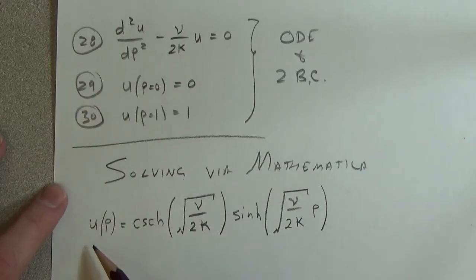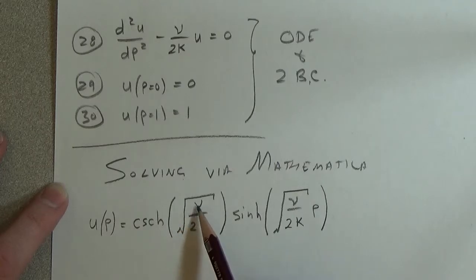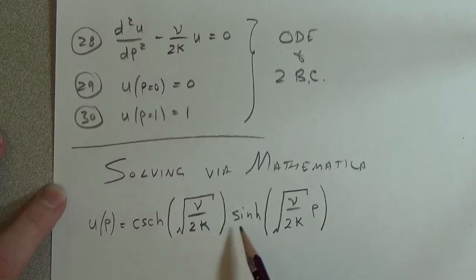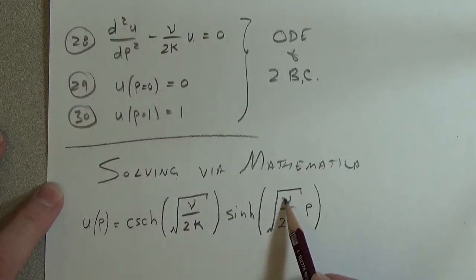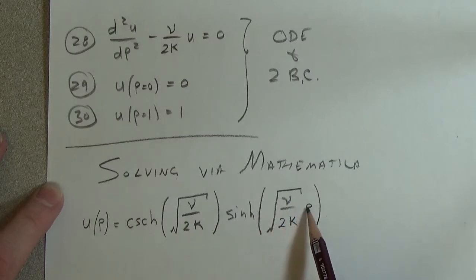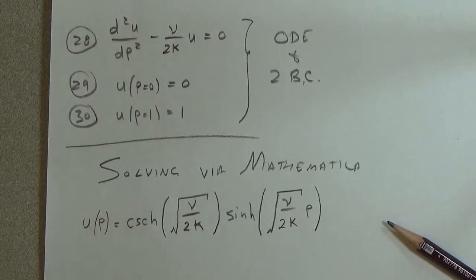And the solution is that u as a function of rho is equal to the hyperbolic cosecant of the square root of nu divided by 2 kappa times the hyperbolic sine of the square root of nu divided by 2 kappa times rho. And this is the solution for our problem in the case that the concentration is less than K sub m.